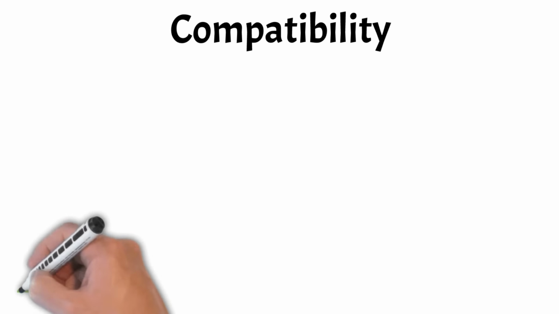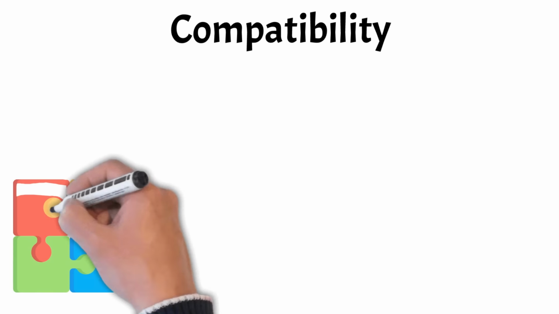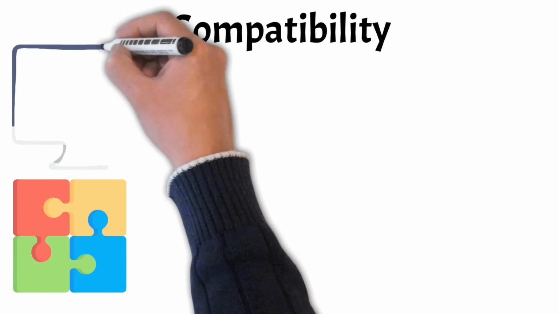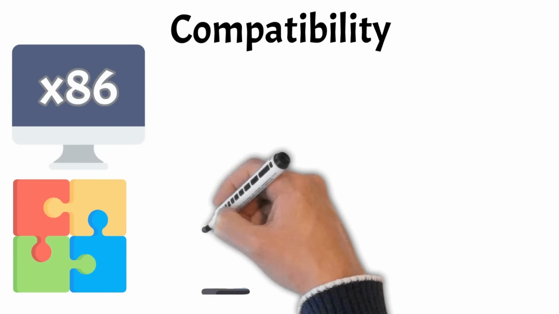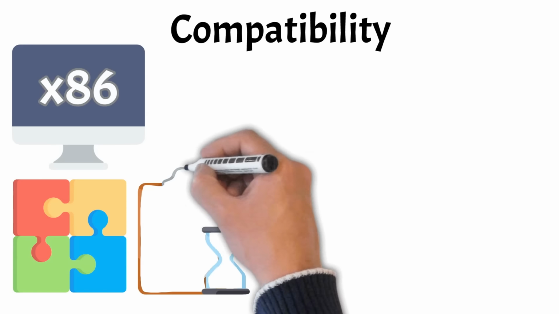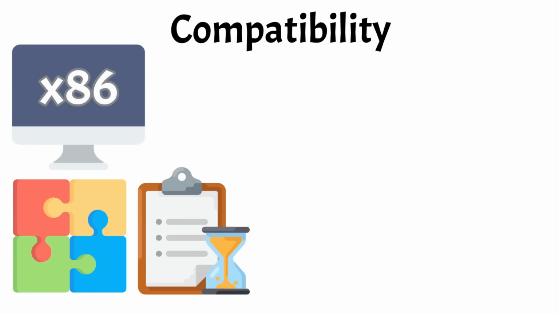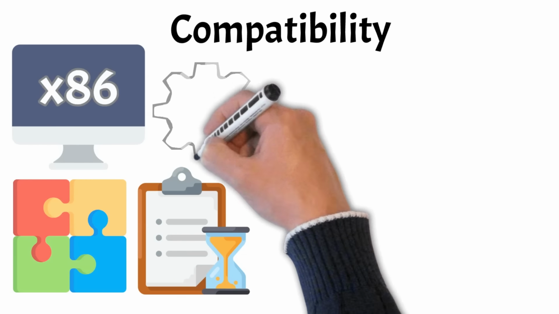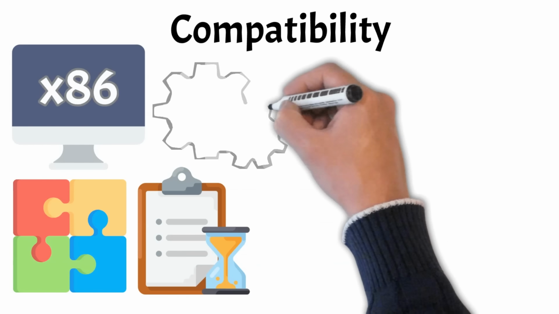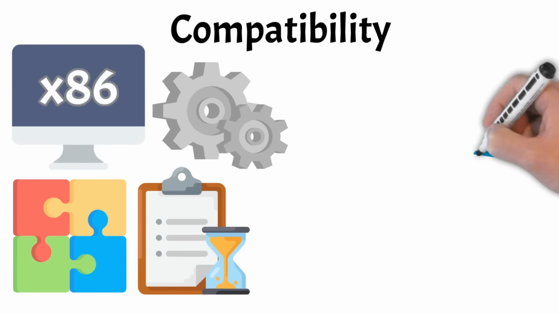Now, let's talk about compatibility. Compatibility is a crucial factor when choosing between x86 and ARM. x86 has long been the standard for general-purpose computing, meaning most operating systems, applications, and drivers are designed to work seamlessly with it. This makes running legacy software and a wide range of modern programs effortless. ARM, however, follows a different instruction set, so software built for x86 doesn't run natively on ARM without modifications, recompilation, or emulation.